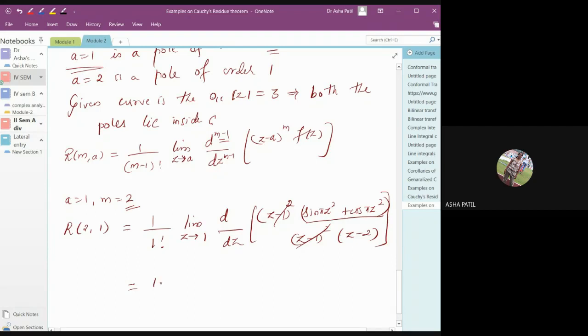Now we need to differentiate the function now. How will you differentiate this function? I'll just write it once again. Derivative of sin pi z square plus cos pi z square divided by z minus 2. Differentiate this function.